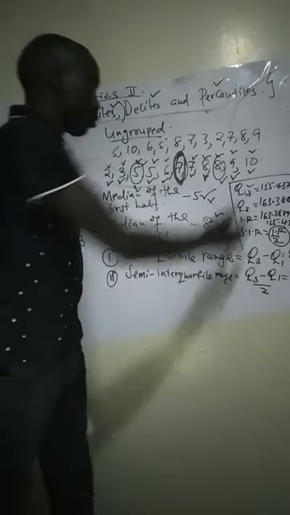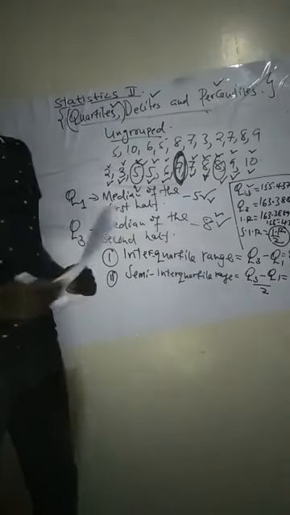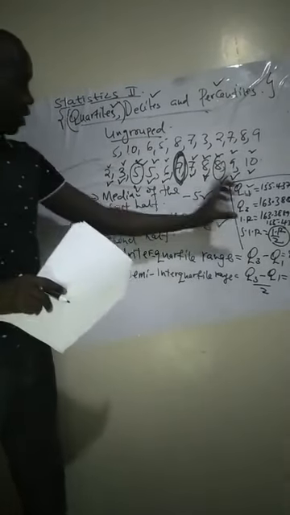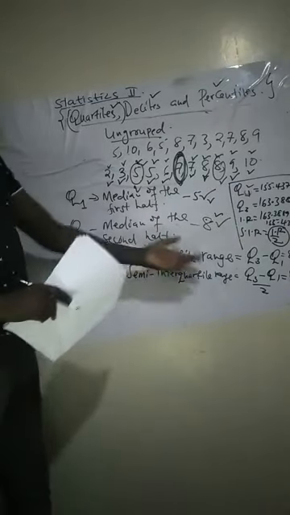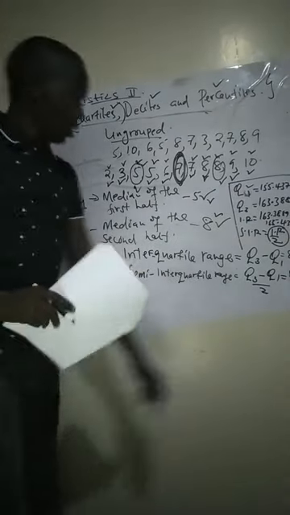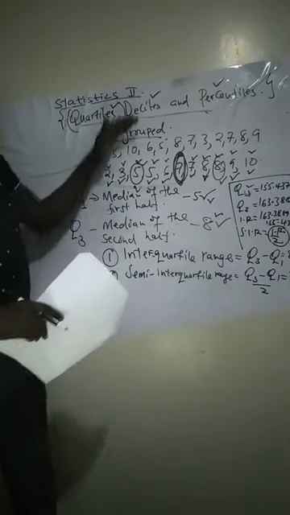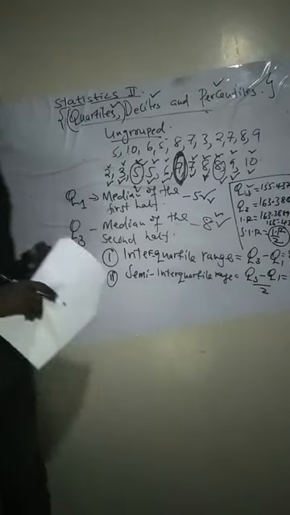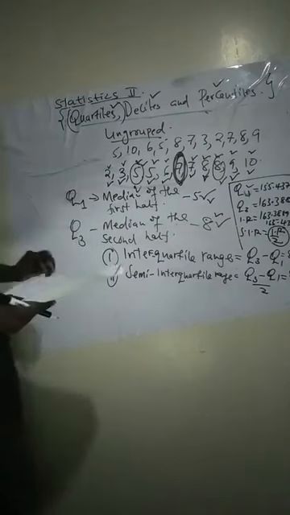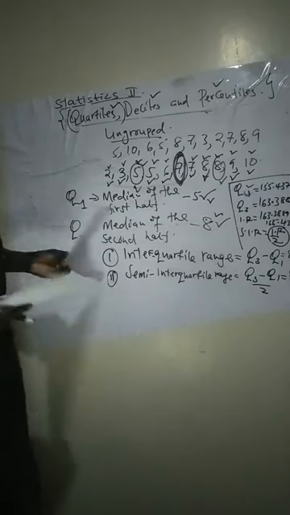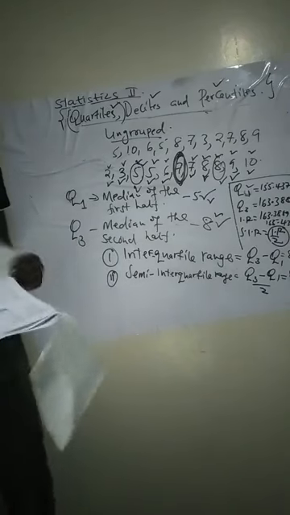I'll expect you to do all this to get the 4 marks. So make sure you master that. That is the interquartile range and the semi-interquartile range, and that is all about quartiles, deciles, and percentiles. Look at that before we proceed on to another area of the measures of dispersion.